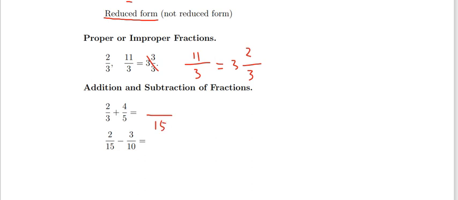For 2 over 3, the denominator 3 becomes 15 when we multiply by 5, so the numerator 2 also needs to be multiplied by 5, giving 10. For 4 over 5, 5 becomes 15 when we multiply by 3, so 4 also needs to be multiplied by 3, giving 12.